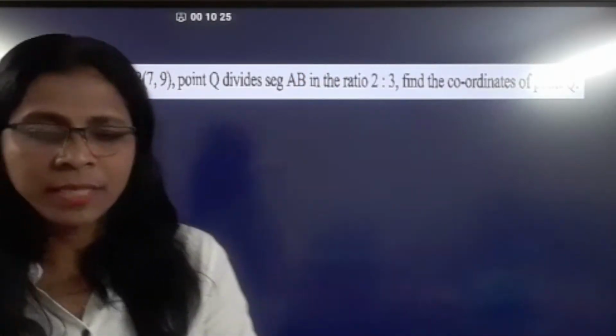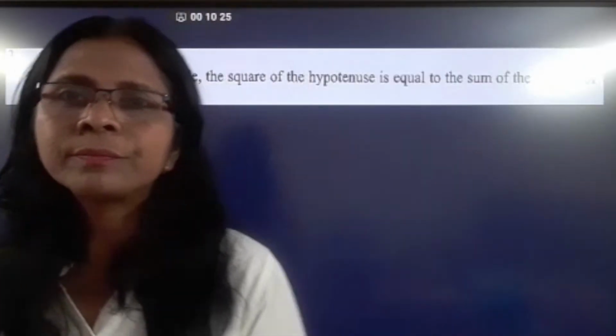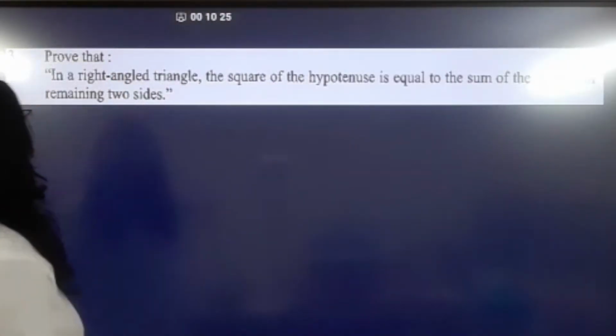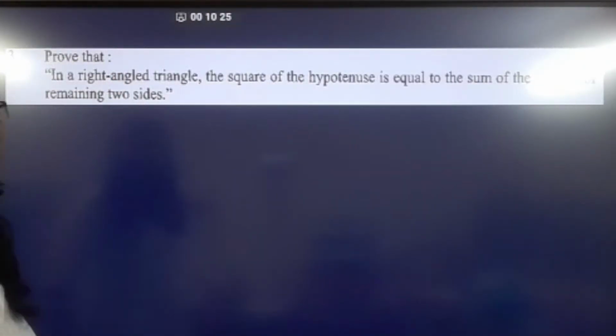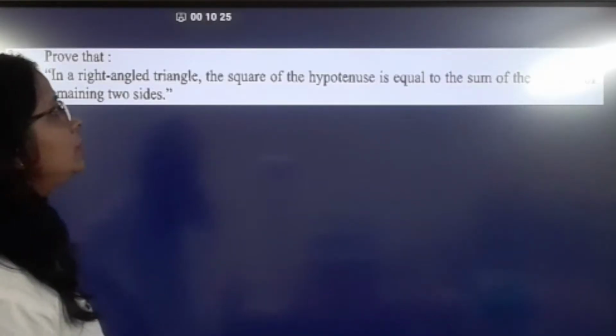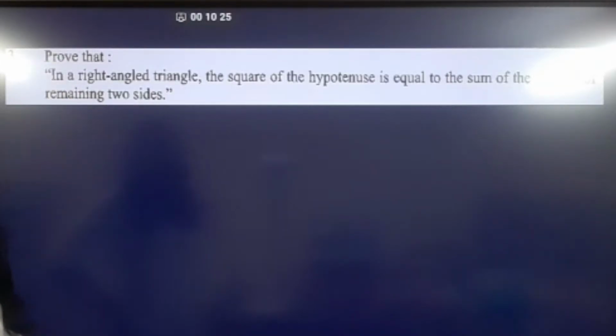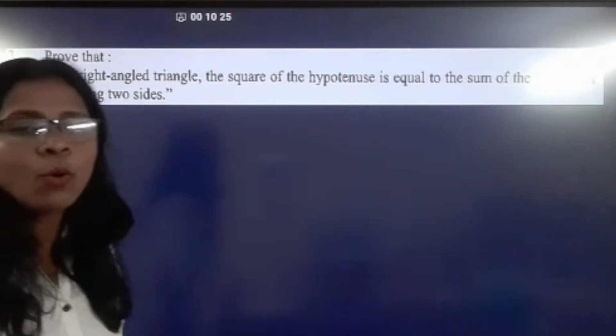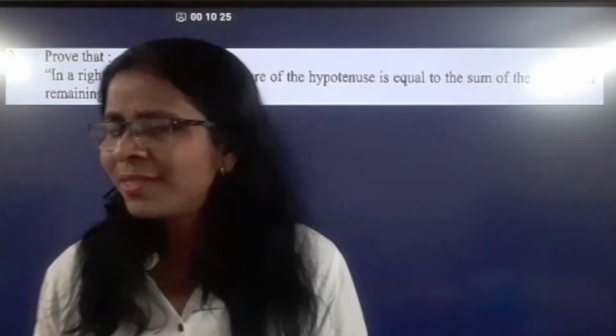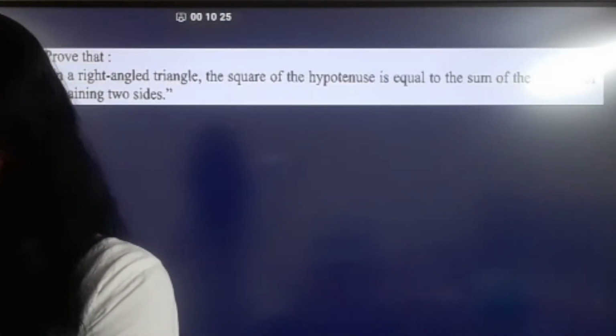See the next example. Question 3: prove that in a right angle triangle the square of the hypotenuse is equal to the sum of the squares of the remaining two sides. Students, this is the Pythagoras theorem.